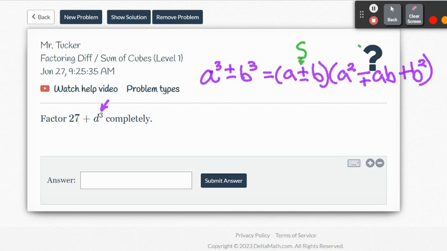This sign right here is the O, opposite sign, and this last sign is AP for always positive. So we say soap: same, opposite, always positive.